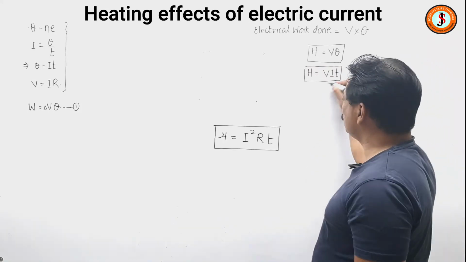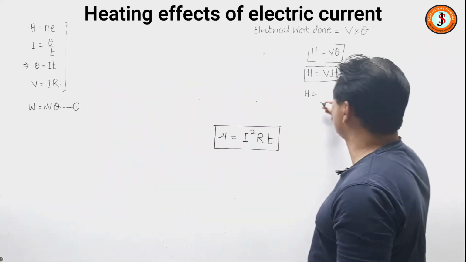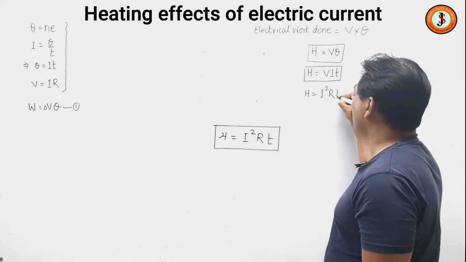Then third, V is equal to IR, isn't it? V is equal to IR by Ohm's law. So IR and one more I over here, so I square RT.